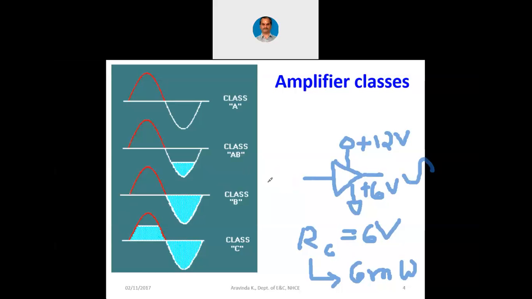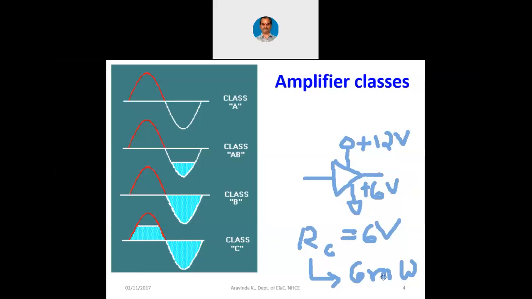It is going to work this way if it is a common emitter amplifier. Again, it is going from VCC to ground at that time. But when the AC signal is not applied, still it is consuming power. You can see here. Let me remove the signal itself because we are discussing only DC.